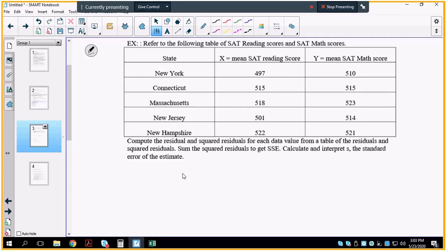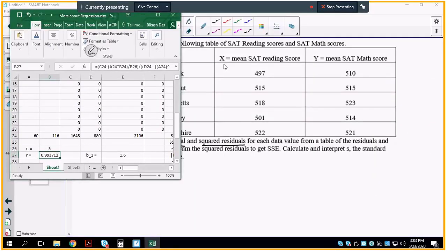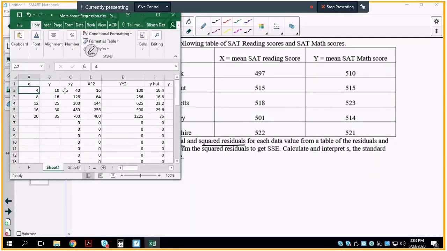So this is the table that we are familiar with. Given the table, it is asking us to find the residual and the squared residual, just like the last problem. So all we need to do is go to our Excel spreadsheet and populate the information there. So there are 5 data points, 497, 515, 518, 501, and 522.